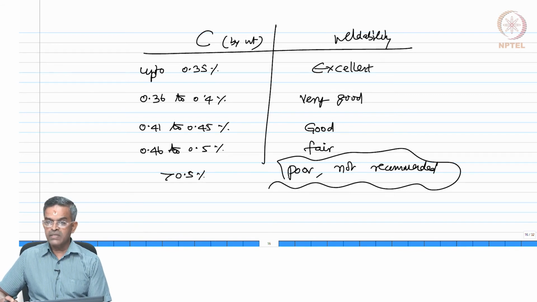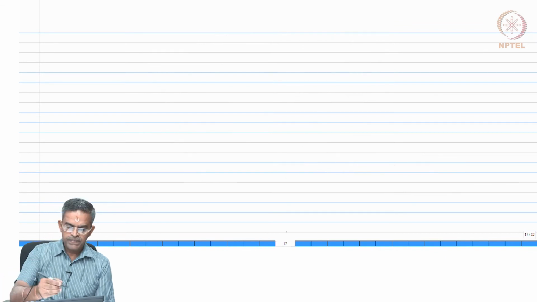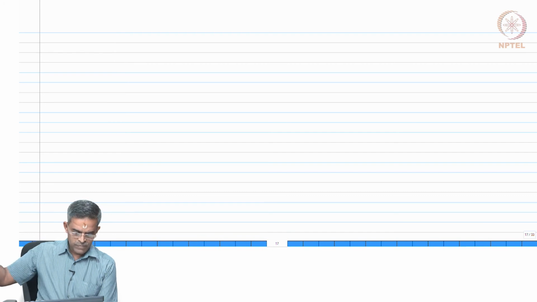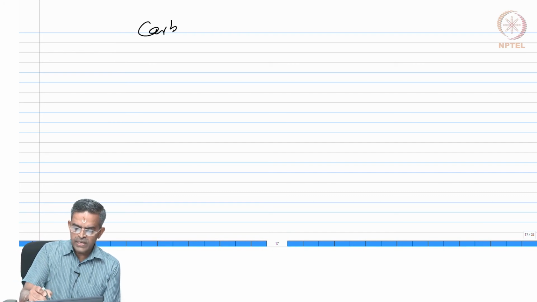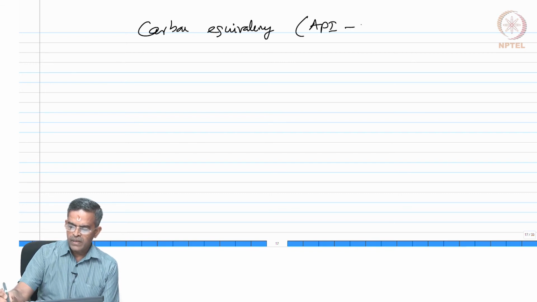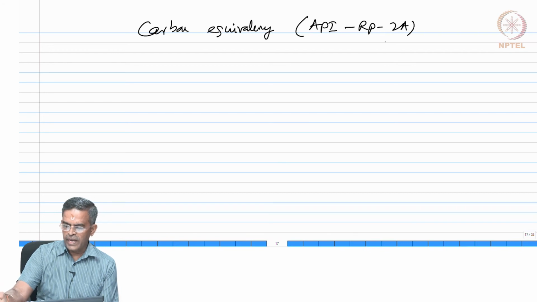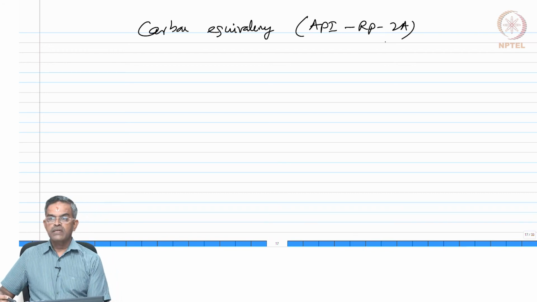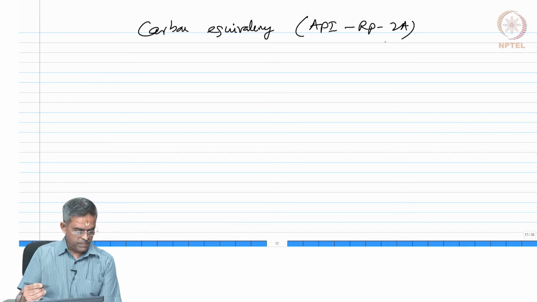Now the question interestingly comes, how do we compute the carbon equivalency? Carbon equivalency as per API RP 2A can be computed using the following relationship.